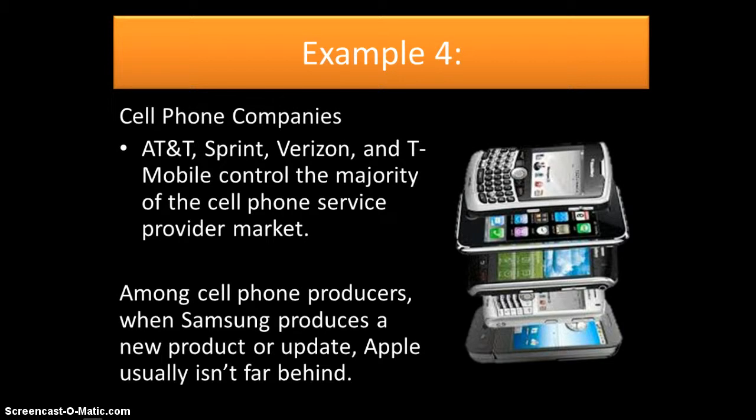There are AT&T, Sprint, Verizon, and T-Mobile, which control the vast majority of the cell phone market. Among the producers of the cell phones themselves, we find Samsung and Apple as the controllers of the greater majority of the cell phone devices. When Samsung comes out with a product or an update, usually Apple isn't far behind.